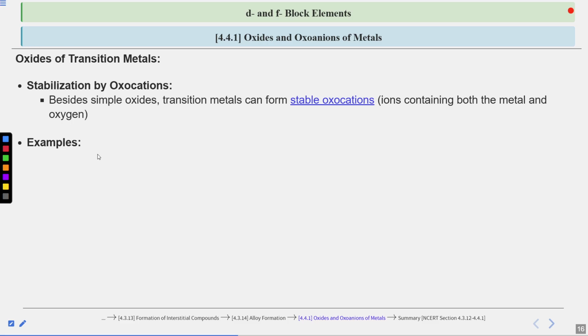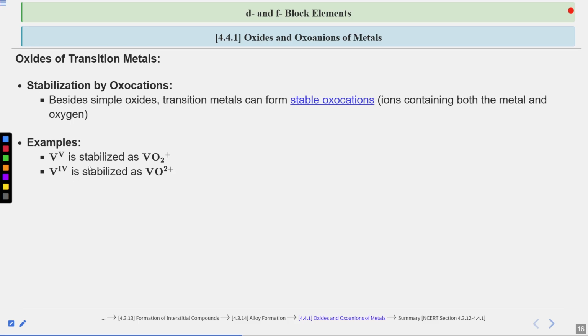For example, vanadium in +5 is stabilized as VO2 positive. In this oxocation, vanadium +5 is stabilized. It is a stable oxocation formed by the transition metal vanadium in its highest oxidation state, that is +5.